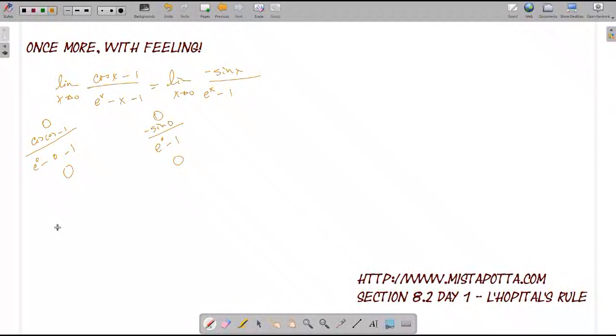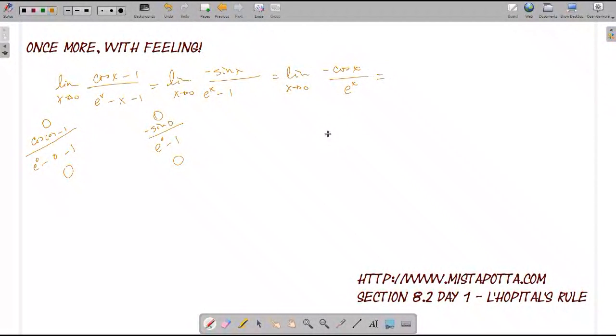Of course, that means that I can use L'Hopital's rule again. And so this is going to evaluate to the limit as x approaches 0. When I take the derivative of negative sine x, I get negative cosine of x. And taking the derivative of e to the x minus 1 gives me just e to the x.